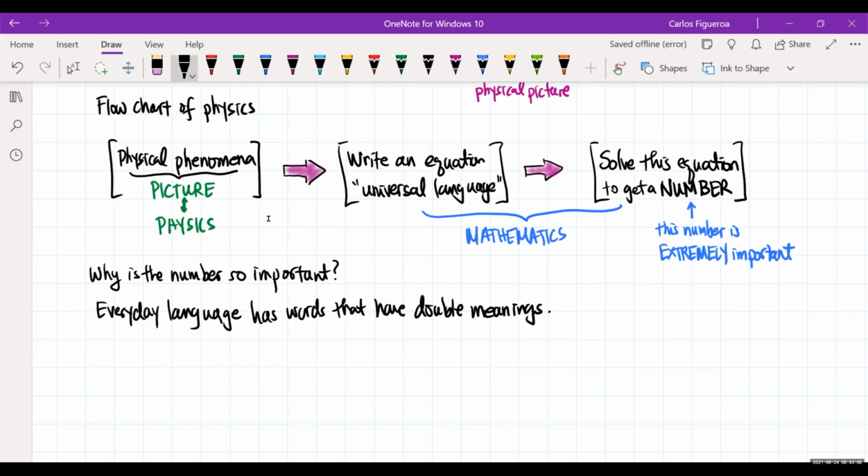Right? They have double meanings. And so what's important about this whole process is that you get something like this. Let me give you a silly example. Maybe that's the best way to do this. And this is definitely a silly example.